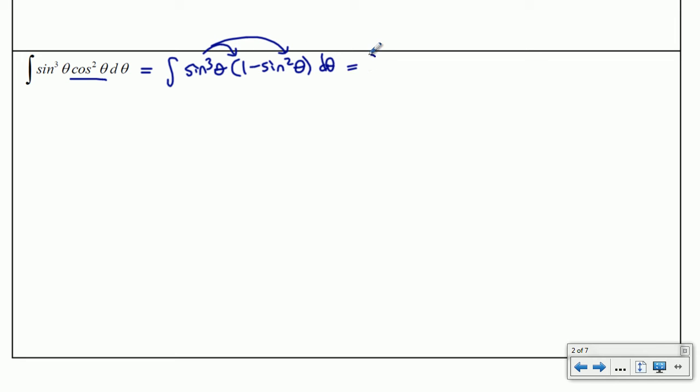So that would give us sine cubed d theta minus sine to the 5th d theta. And I guess we could try subbing in a sine theta. So then du would be cos theta d theta. Now unfortunately I don't have a cos theta d theta in either of these integrals, so it looks like we should probably try something else.